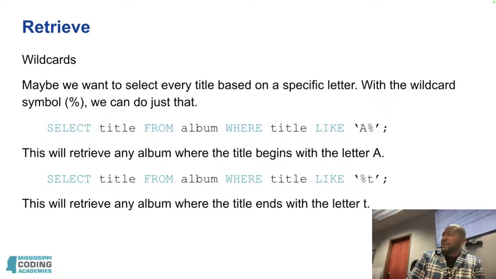That percent symbol says, hey, that's a wild card. So it could be any range of characters, so long as this first character matches. And then secondly, this example here would select anything so long as the last character is T.